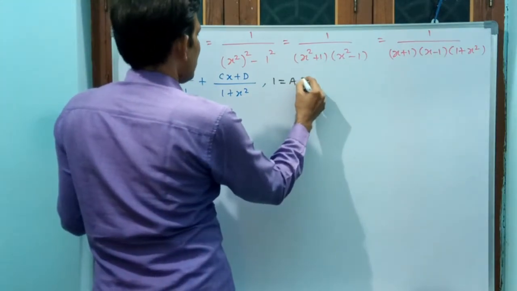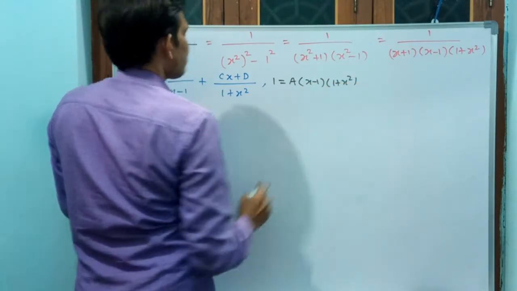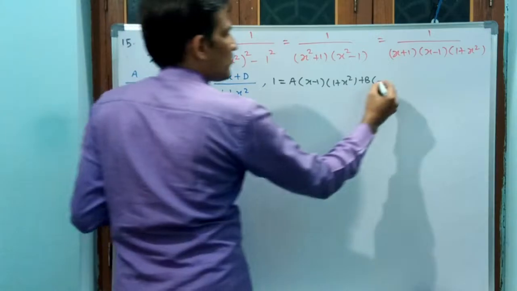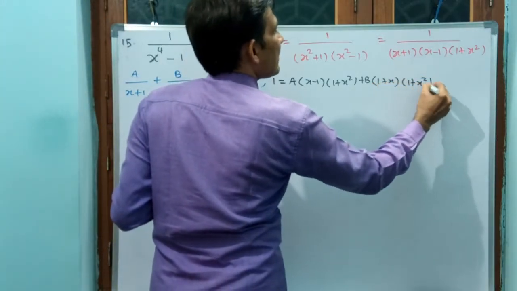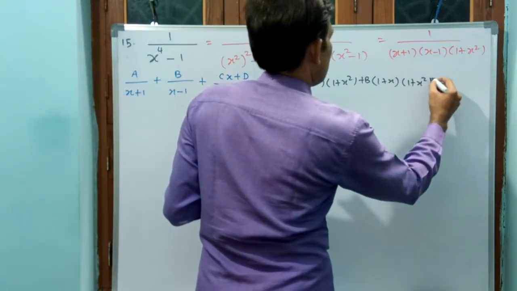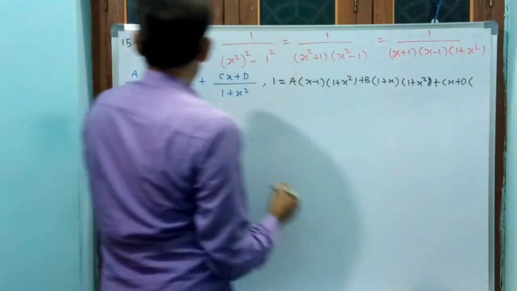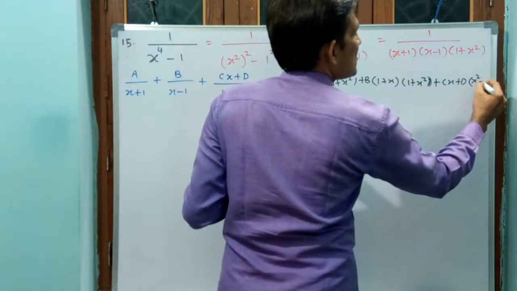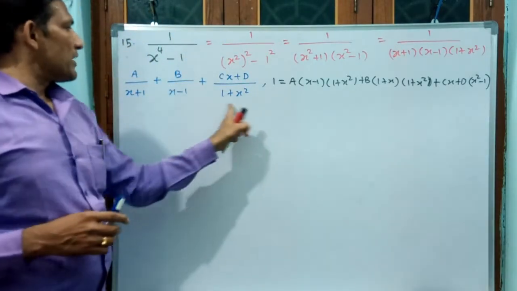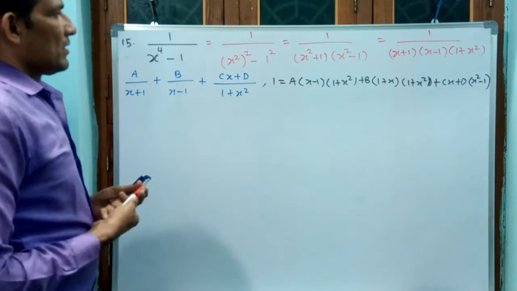You understand this? You need not add the denominator, because if you multiply all, the denominator is going to become this only. Then you have to equate it to 1.